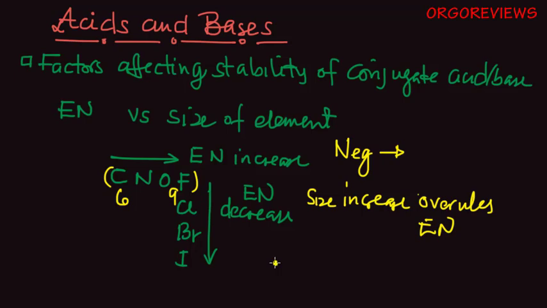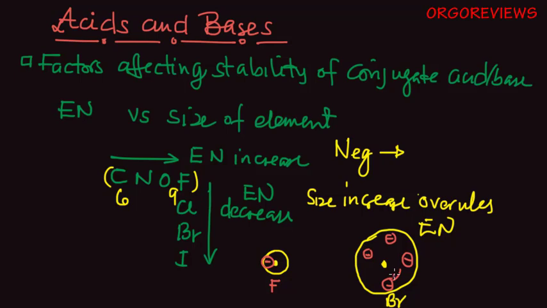So let's look at what that means. You have a fluorine atom which has a smaller size, and then let's say you have something like a bromine atom that will have a larger size. If you had a negative charge, it will be more concentrated in the fluorine compared to the bromine. So the bromine is going to have the negative charge distributed in a larger space.